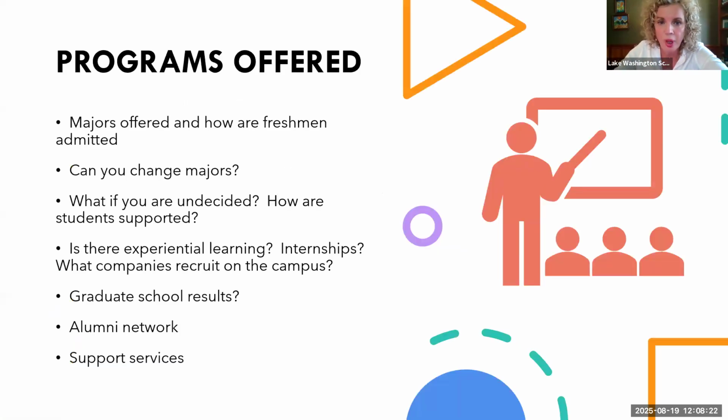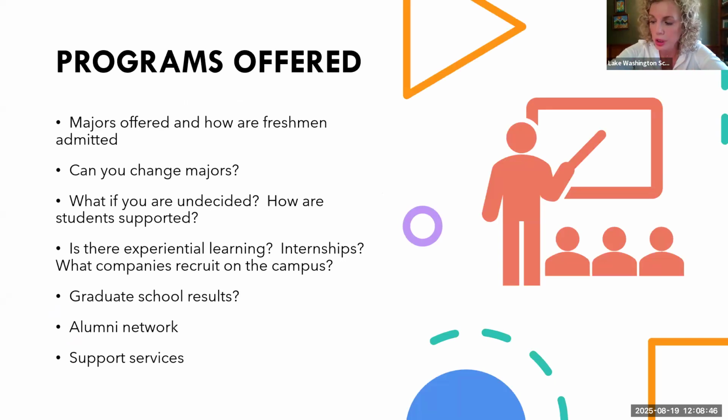So then the third piece is what programs are offered. A lot of schools now are asking freshmen on their college application, what's their first choice major, second choice major. So you have to find out, what majors are offered.